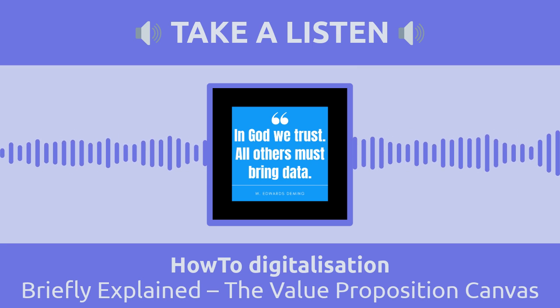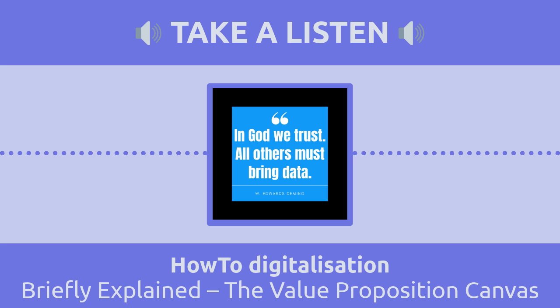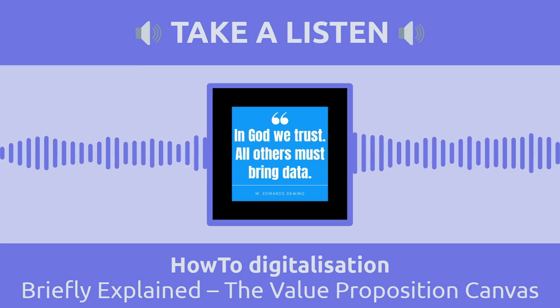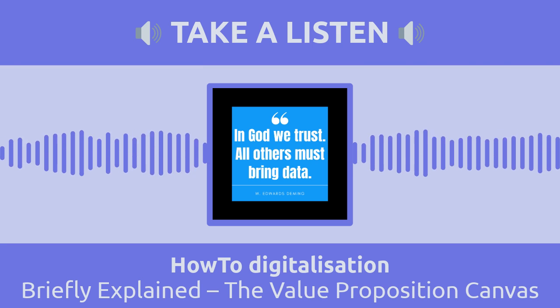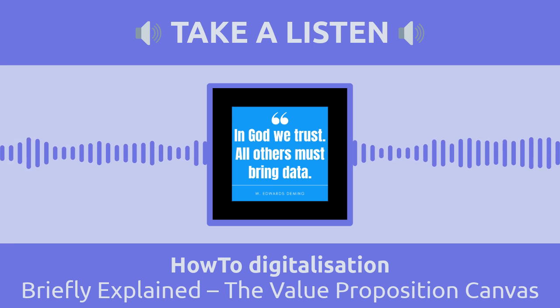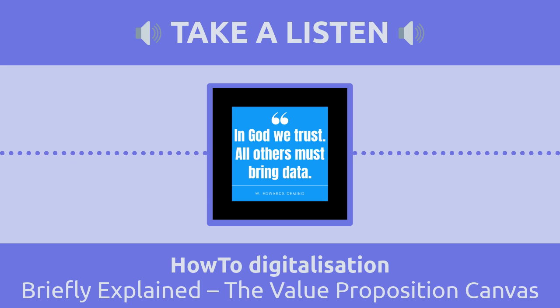Here you can ask yourself the following questions. What is the problem your customers have and how do they try to solve it? What needs do your customers want to meet and what do they have to do about it? What challenges do your customers have and what do they need to do to overcome them?